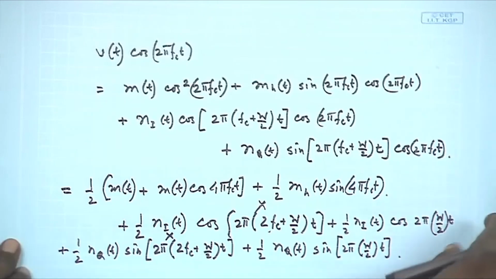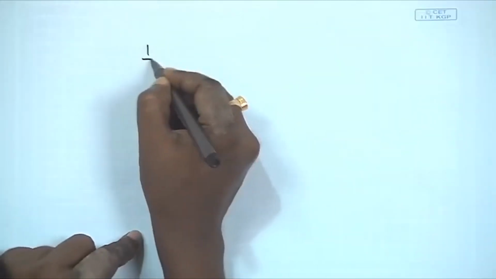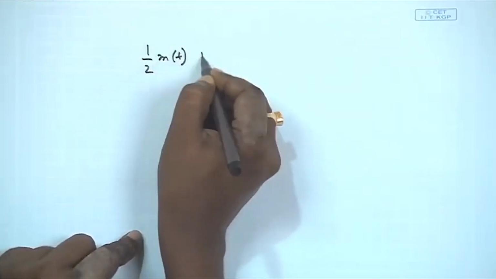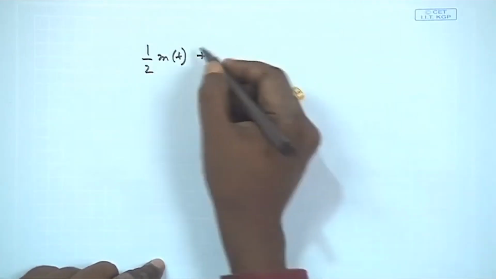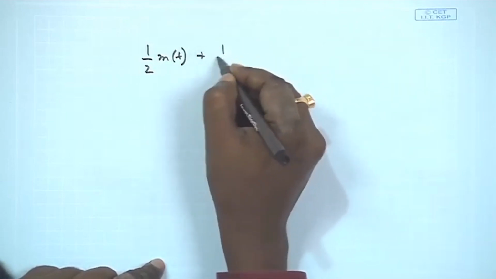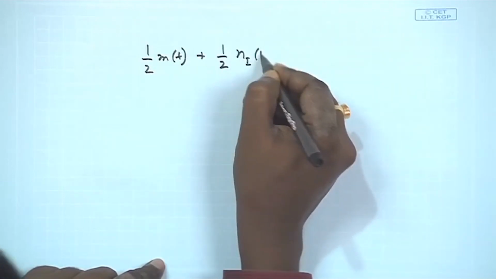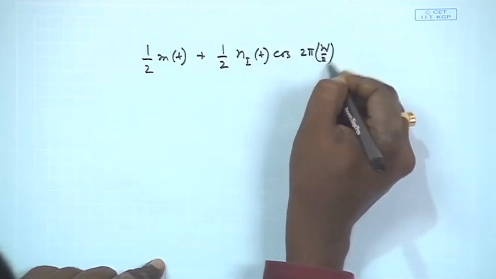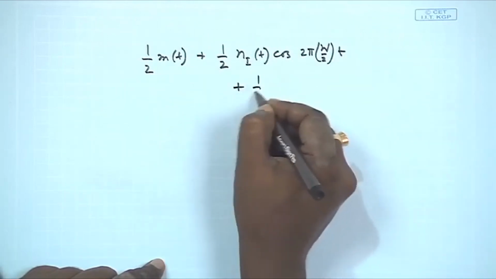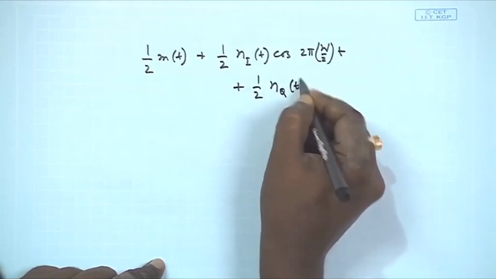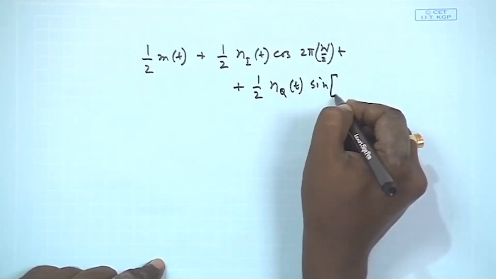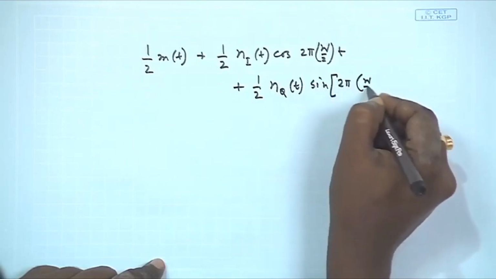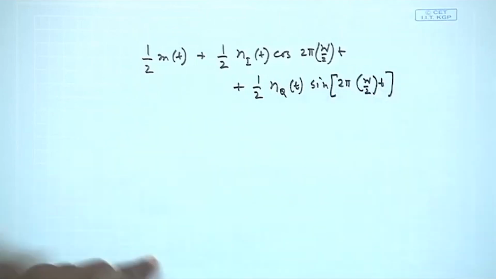So, after the low pass filter we will be left with half Mt plus I will have this half Nit cos 2 pi W by 2 into T plus half Nqt sin 2 pi W by 2 into T, right.